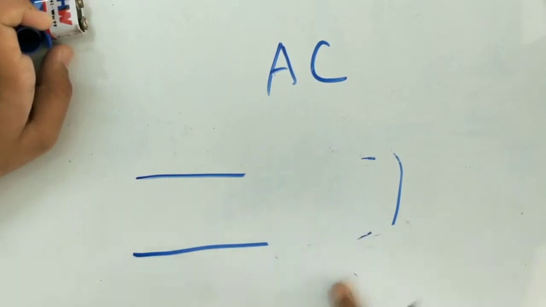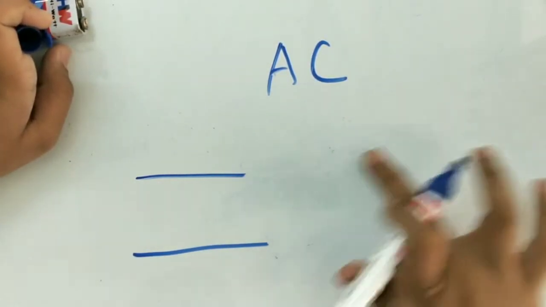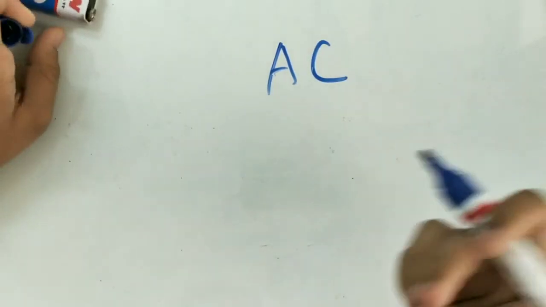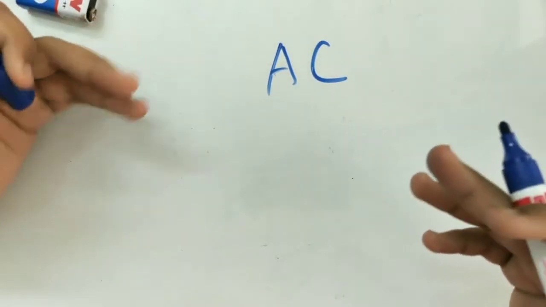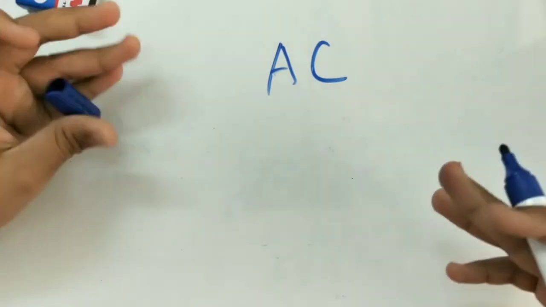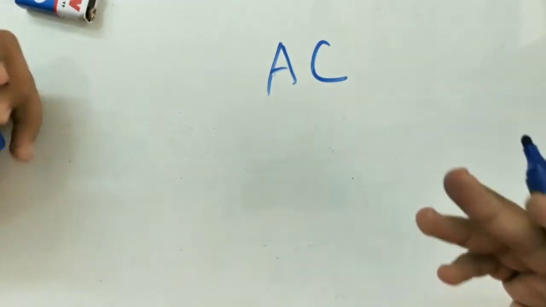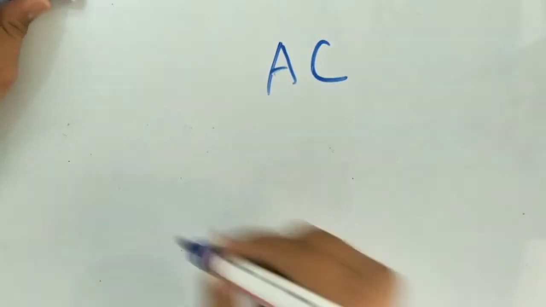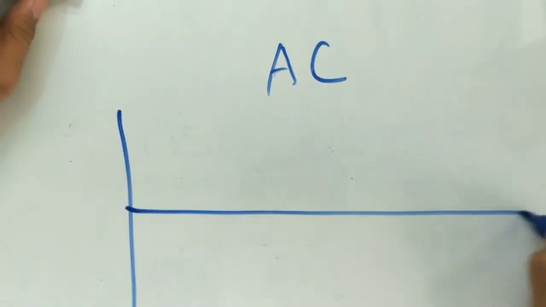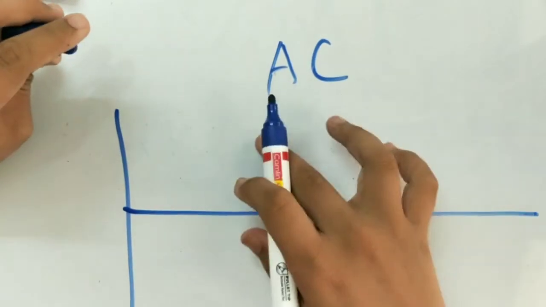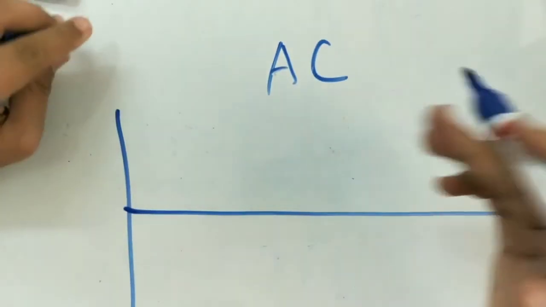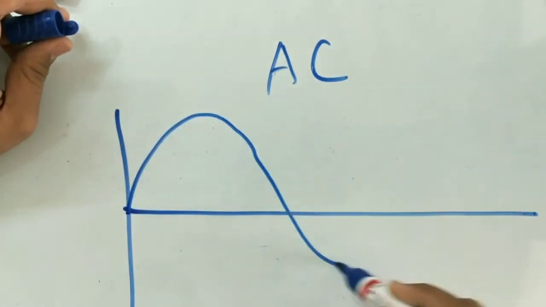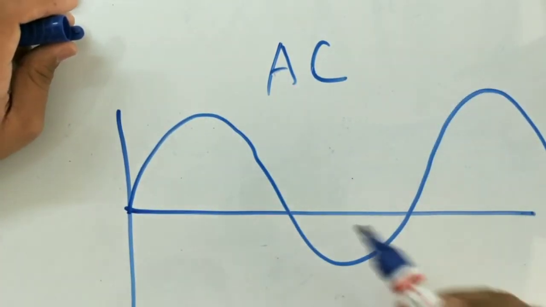Now let's move on to the waveform. You might have heard about sine wave, square wave, or triangular wave, or there are many types of waves like this. If we draw a graph like this, the AC current which we get from our power line is a sine wave. Sine wave looks like this.